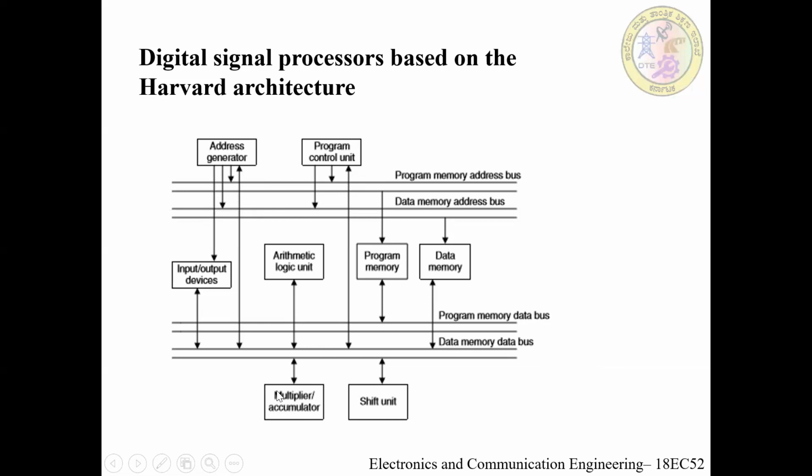This is called the MAC unit, which is dedicated hardware used for digital filtering operations. If you consider a linear time invariant system, if you give any input, the output will be the convolved form of the input along with the system impulse response. That filtered output represents a convolved output, which is nothing but a sum of products kind of operation.